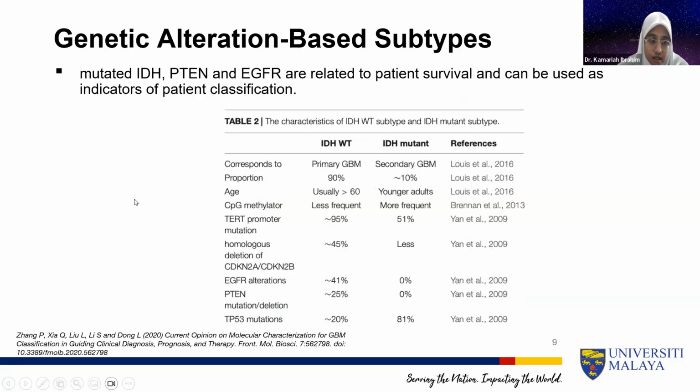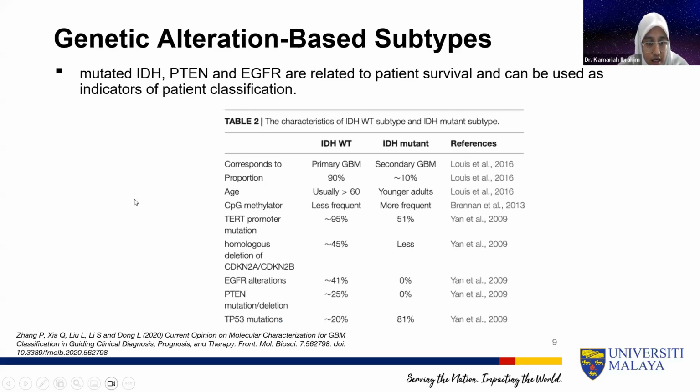So these are the genetic alteration based subtypes, where the classifications are based on the IDH mutation, PTEN, and EGFR, which are related to patient survival and can be used as indicators of patient classification.